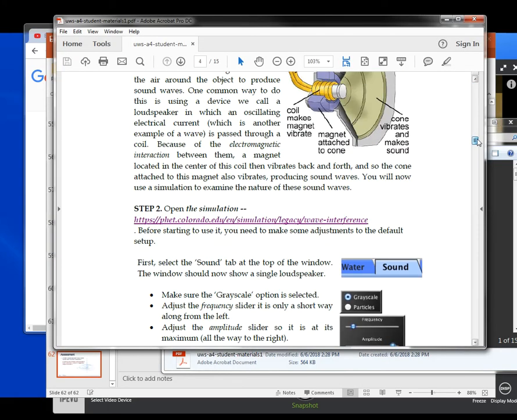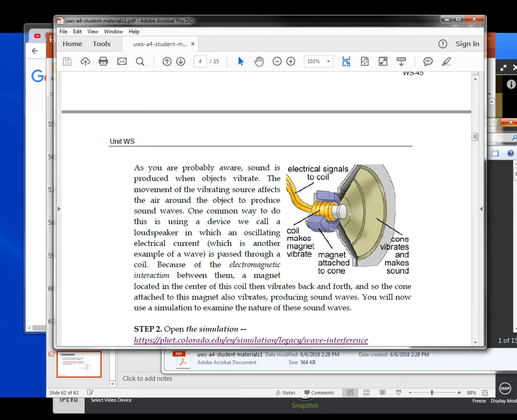This is a nice little picture that shows that there's a magnet in here, and there's some coil, and when there's electricity that goes to this coil here, it actually is pushing the cone back and forth, and that is causing subsequent compressions and rarefactions of the pressure.